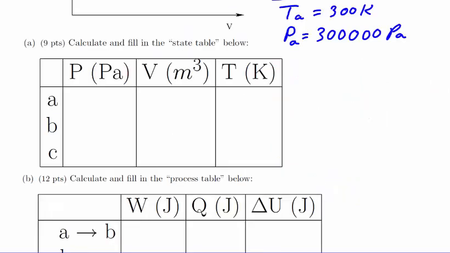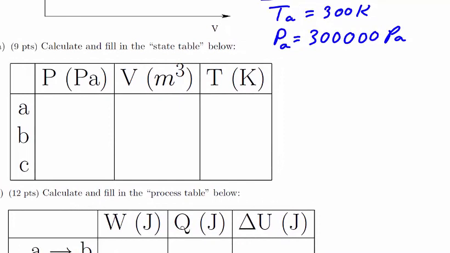In part A, we are asked to calculate and fill in a so-called state table. This is called a state table because the 3 columns, pressure, volume, and temperature, are state variables. And in order to solve for state variables, we will recall the equation of state, PV equals nRT, which is the relationship between the state variables.